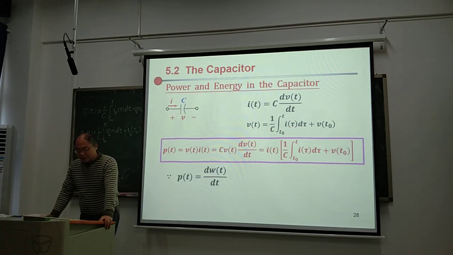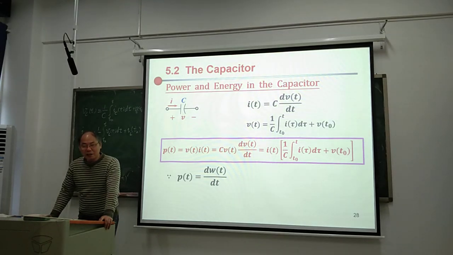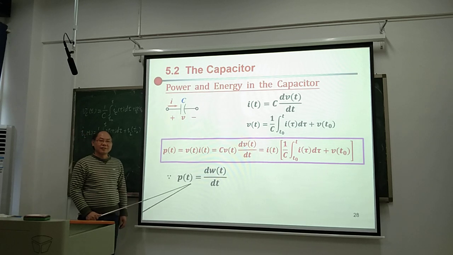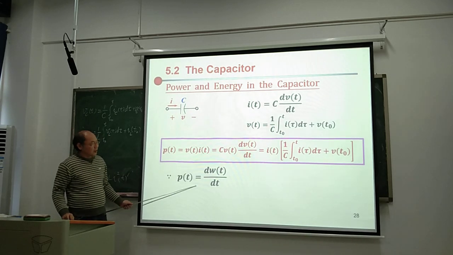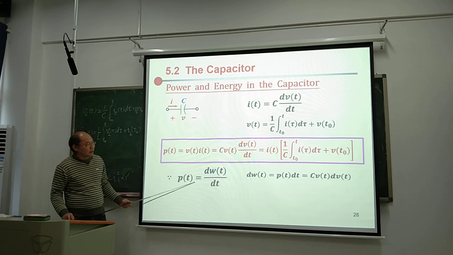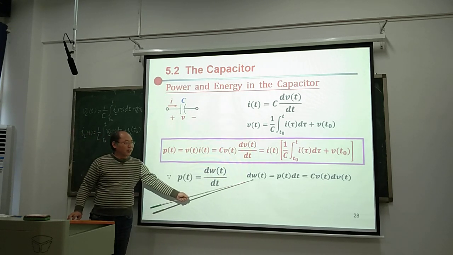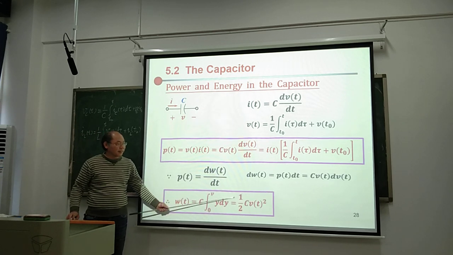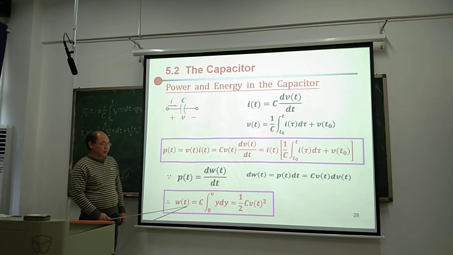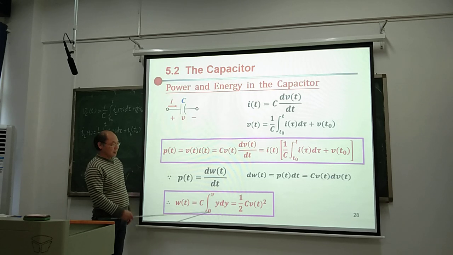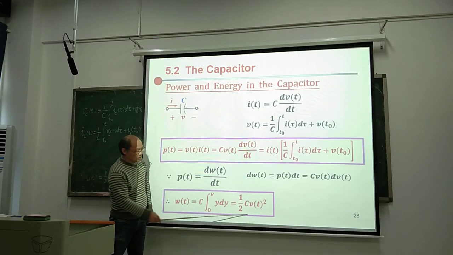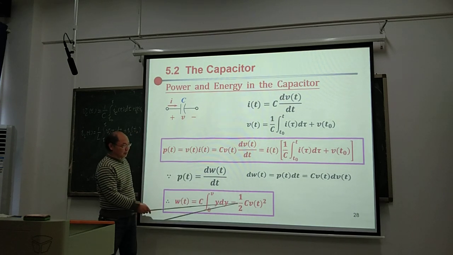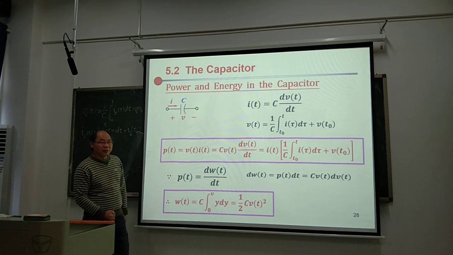So how is the power? How is the energy? Because from this equation we can get this, and we take integrals on both sides. We get this result for the energy.